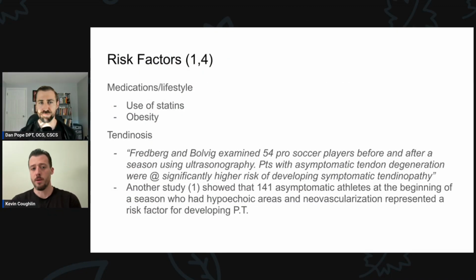Yeah, and then a little bit more about risk factors. So we do see that sometimes folks who are on certain medications may be at higher risk of developing tendinopathies. So I think like Dan just said, in the younger population, you probably see people doing more activity than they do when they're older, so they're more likely to get this.